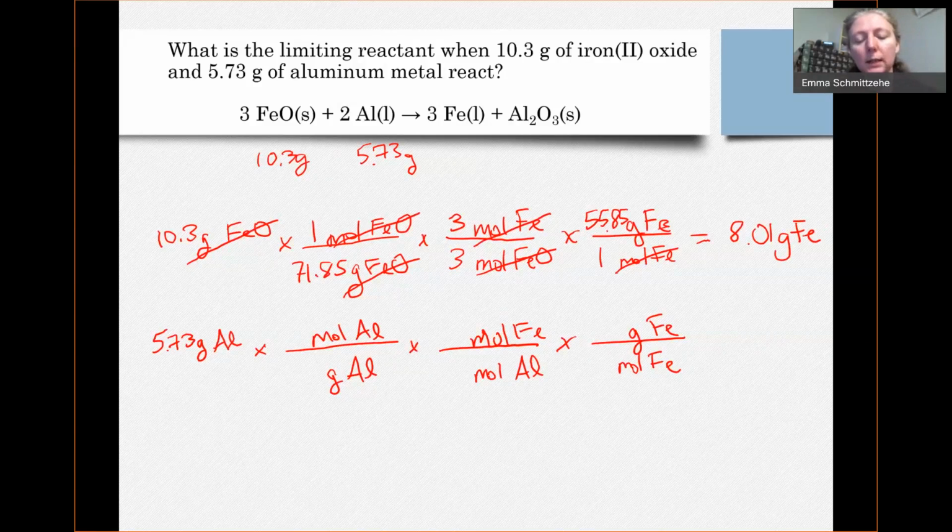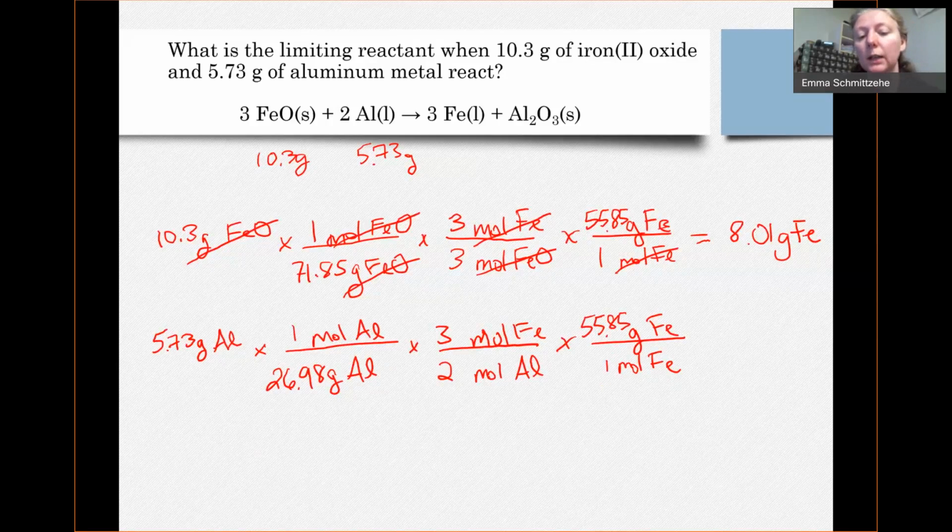And then my next one, I still need to fill in my numbers. Okay, I got my units set up. My first ratio relates grams and moles of aluminum, so that's a molar mass. So you look at the periodic table, and it's 26.98 grams per mole of aluminum. And then you need your mole-mole ratio, so you look at the balanced chemical equation. You put a 3 with the iron and a 2 with the aluminum. And then the last ratio is the gram to mole relationship of iron, which again is 55.85 grams per mole.